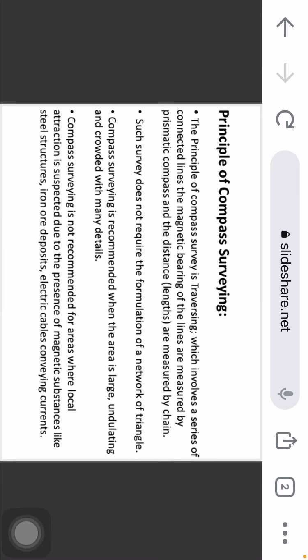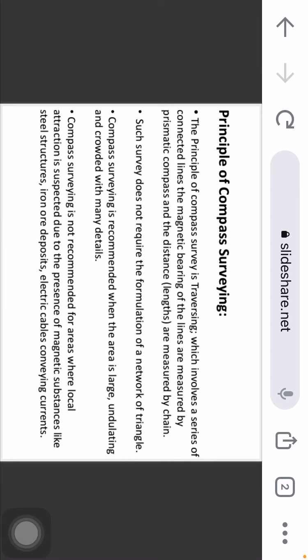The basic principle of compass surveying is traversing, which involves a series of connected lines. The magnetic bearings of the lines are measured by prismatic compass and distances are measured by chain. So the basic principle of the compass survey is traversing.